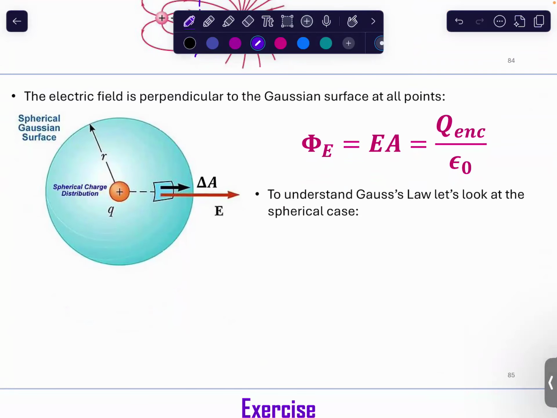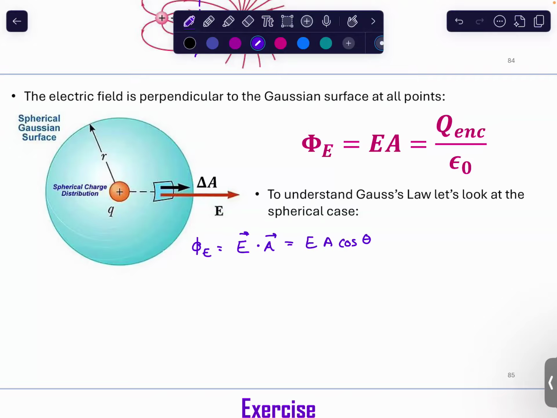So this is the basic of Gauss's law. Electric field times surface area, Q enclosed over epsilon 0. So capital Q this time because it's the total charge enclosed by the Gaussian surface. So we have another dot product. So that makes it EA cosine of theta.